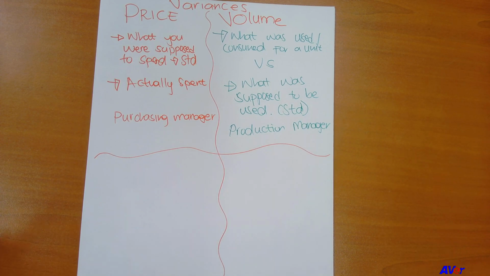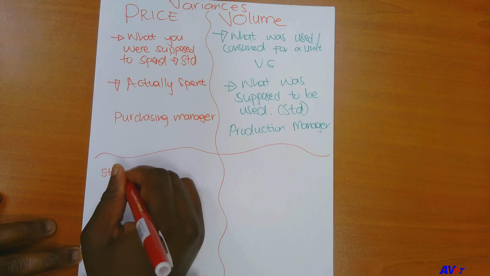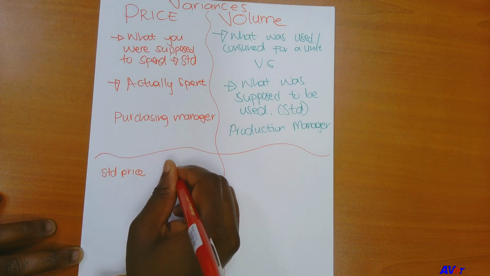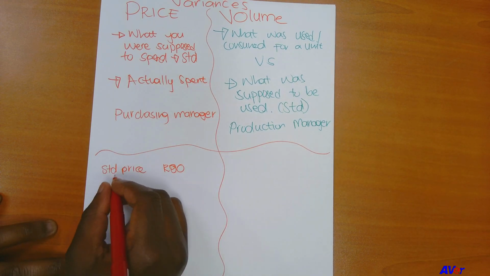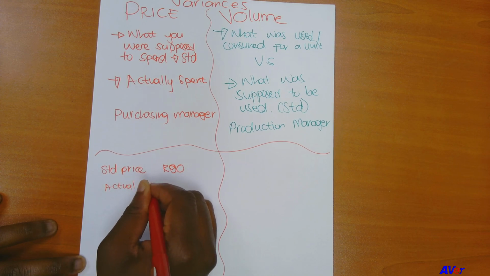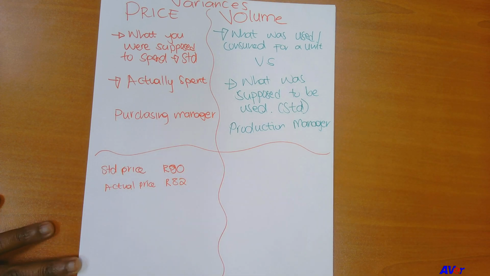What we were given in the scenario is that our standard price was 80 Rand per kg, and our actual price was 82 Rand per kilogram.